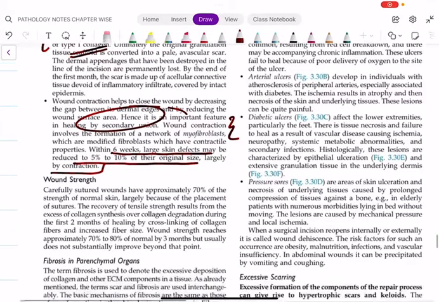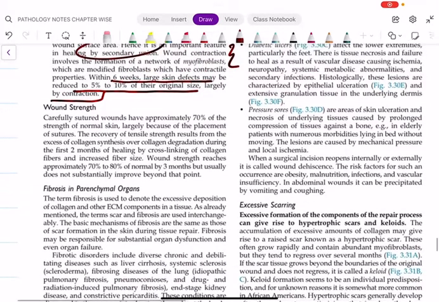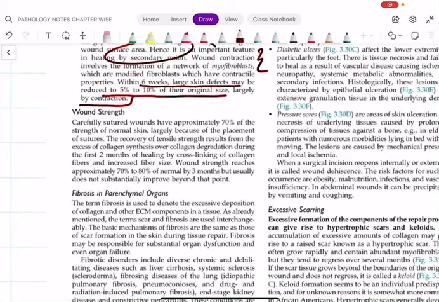Yes. Now let us see what about the wound strength. Fine? Yes. If we suture the wound properly, it will attain around 70% strength of the normal skin. Here comes the question. The 70% strength occurs by around 2 months. 70 to 80% occurs by some 3 months.